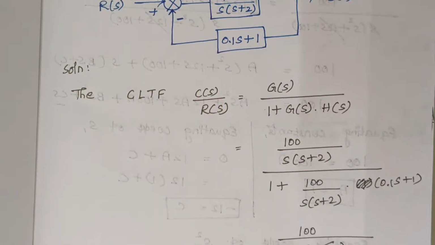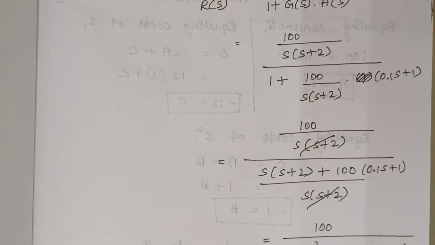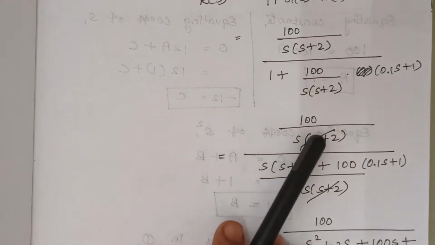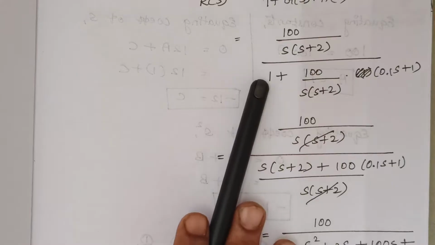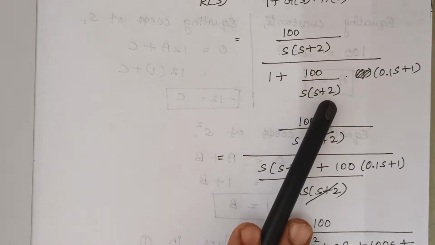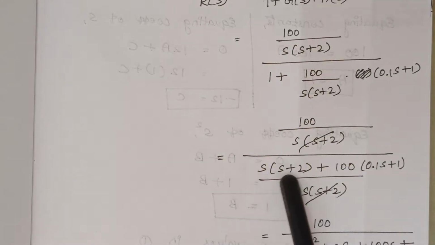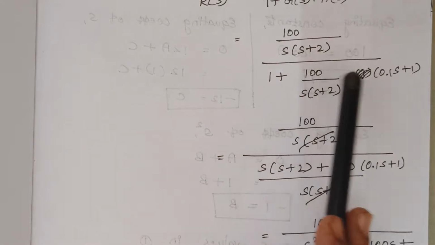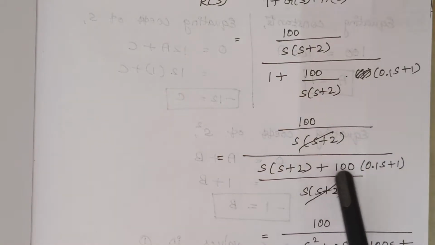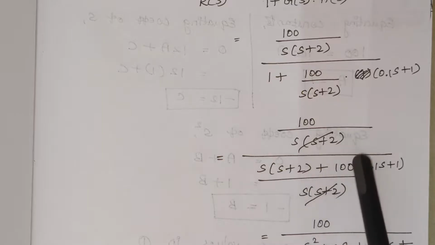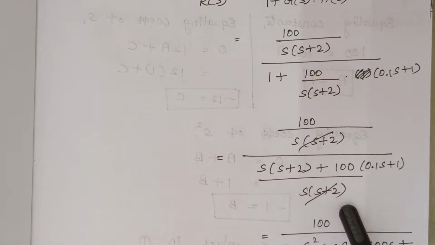The next step is taking the LCM. You have to multiply 1 into s(s+2), so s(s+2) plus 100 into (0.1s plus 1) remains as such, and the entire term is divided by s(s+2).